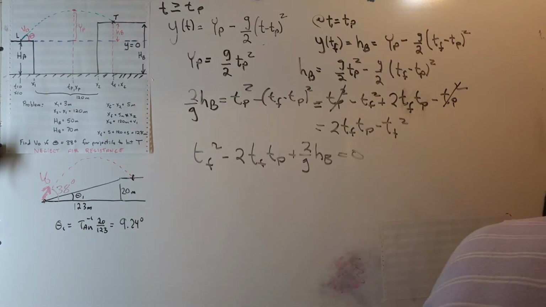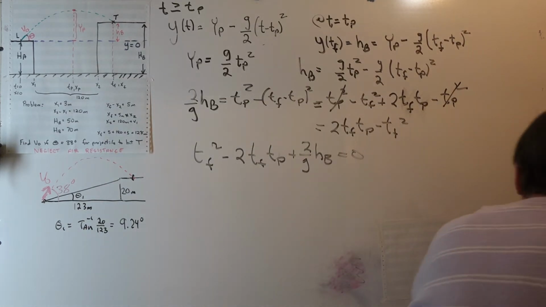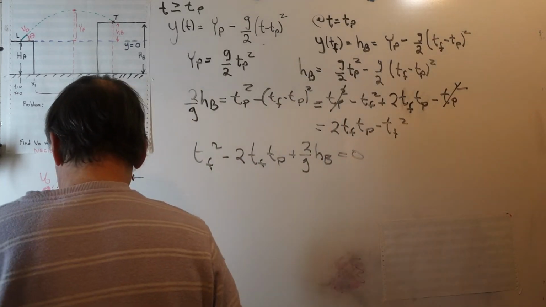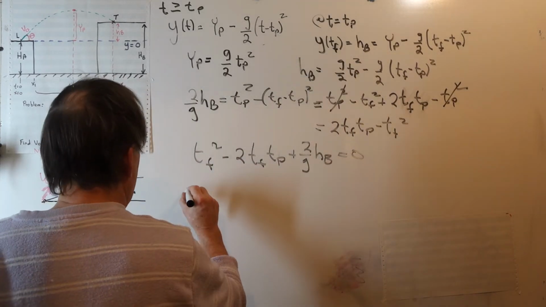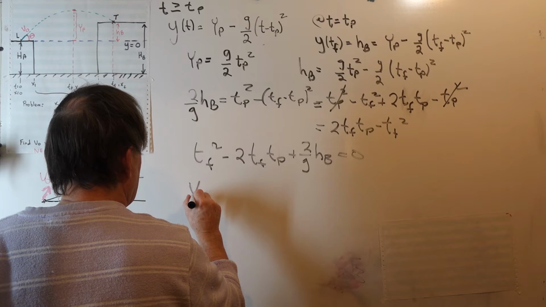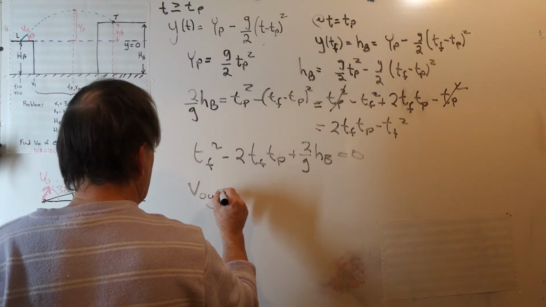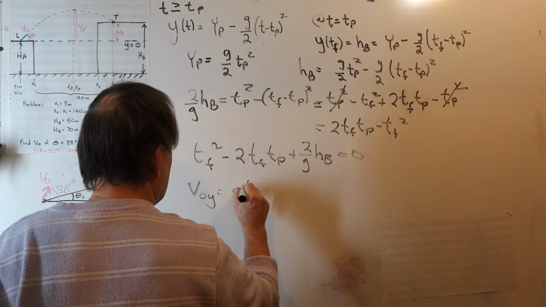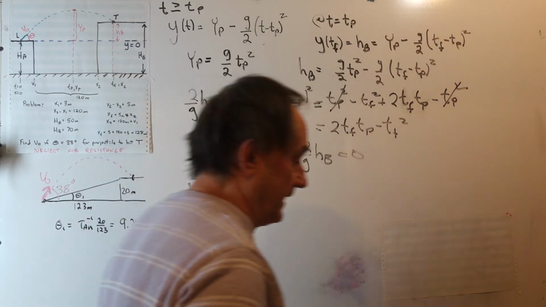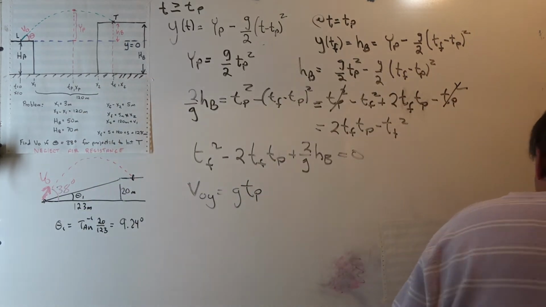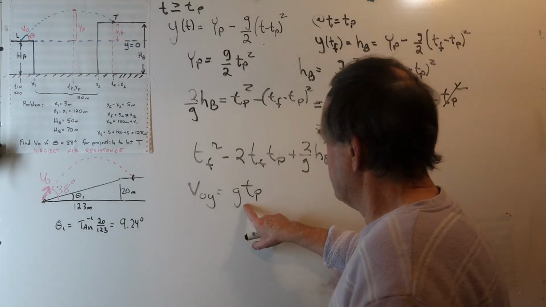Well, we just derived a bit ago a relationship that the initial velocity in the Y direction of the projectile is equal to g times the time that it gets to the peak of its trajectory.